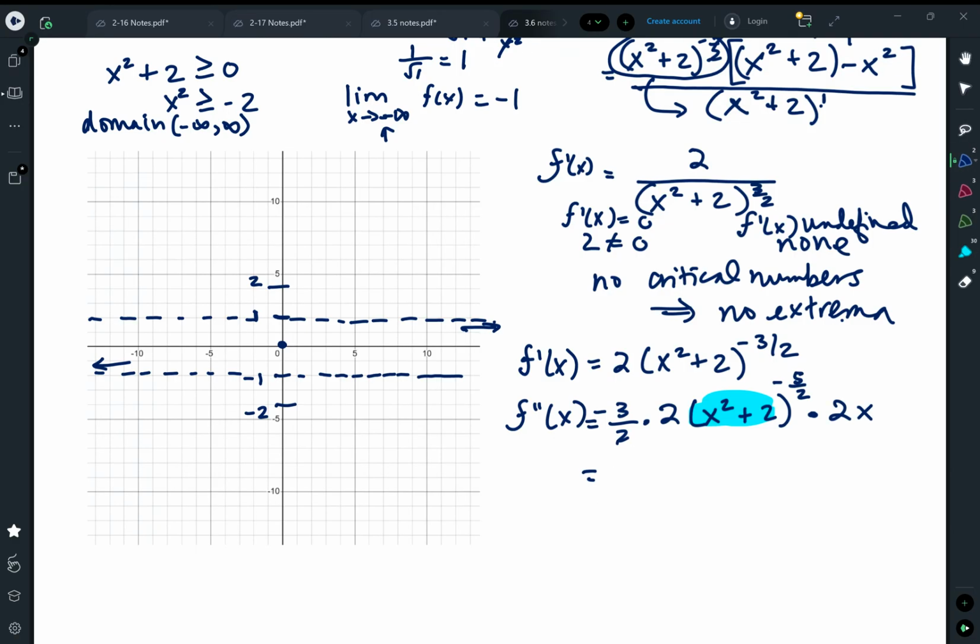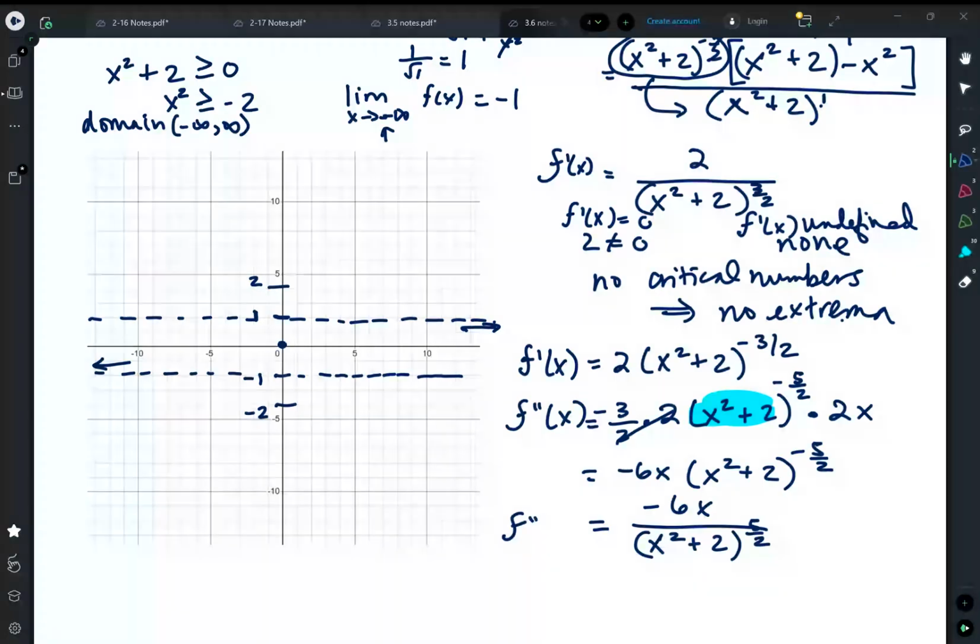And let's see, we end up with a negative 6x times the quantity x squared plus 2 to the negative 5/2 power. So negative 6x divided by the quantity x squared plus 2 to the 5/2 power. All right, now we have something to work with.